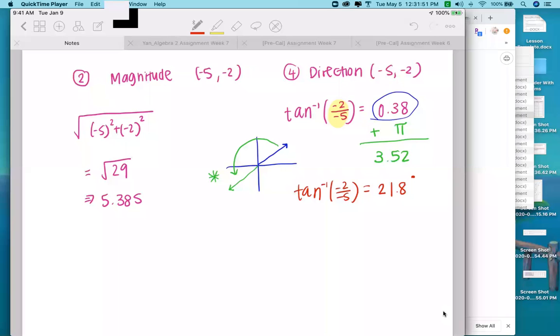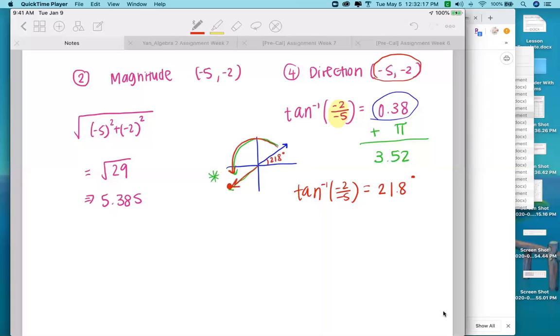And I know -5, -2 is not at 21 degrees, because 21 degrees is right here. 21.8 degrees. -5, -2 is somewhere on this side. So I have to add 180 degrees so it's in the opposite direction.